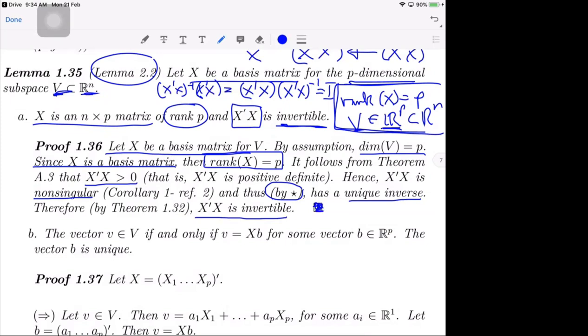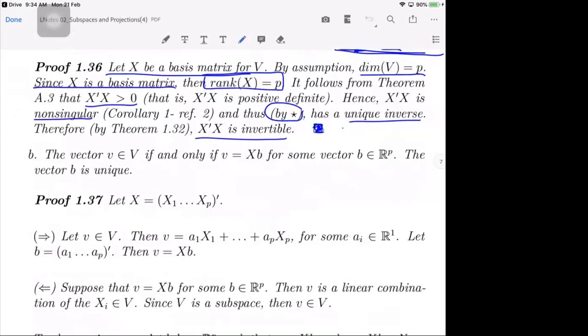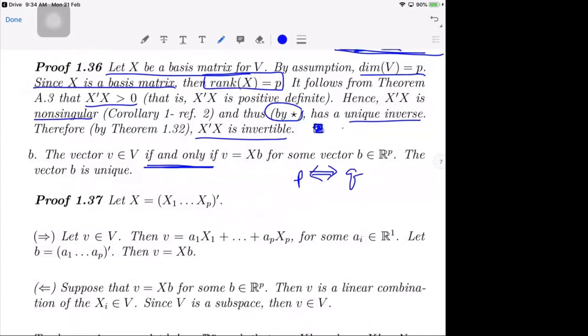Next. Okay? You have an if and only if statement. So how do you prove an if and only if statement? P if and only if Q is usually proven in this manner.